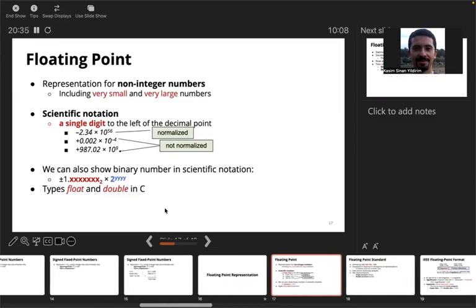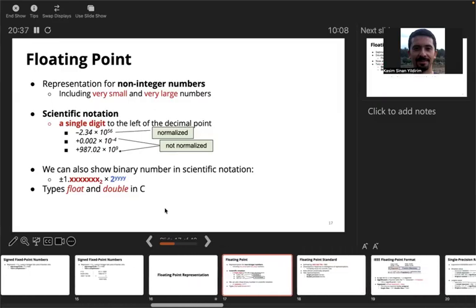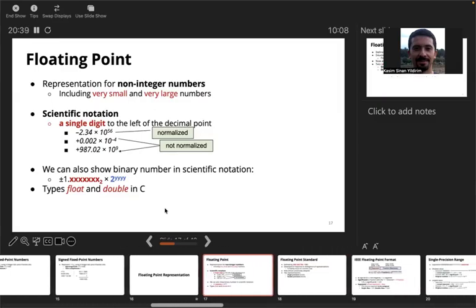So let's say, at a high level, the general idea. Let's say I have a very small number, for example 2.34 multiplied by 10 to the power of minus 6. This is a normalized representation of a real number.